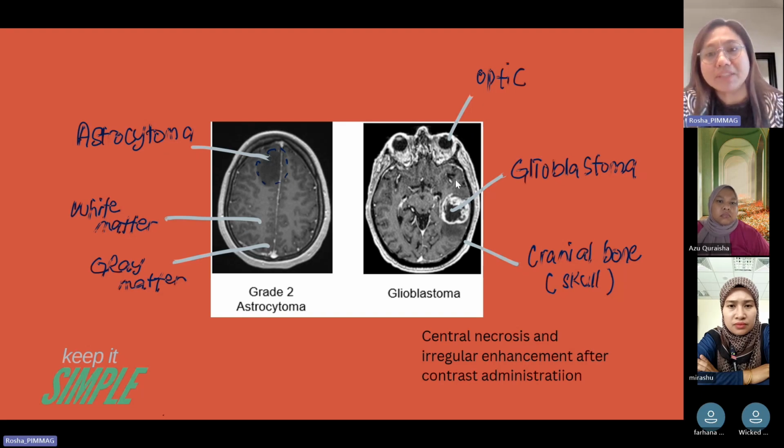While the right image is an MRI after post-contrast. The presence of a glioblastoma, you can see here, contains central necrosis and irregular enhancement after the contrast administration.